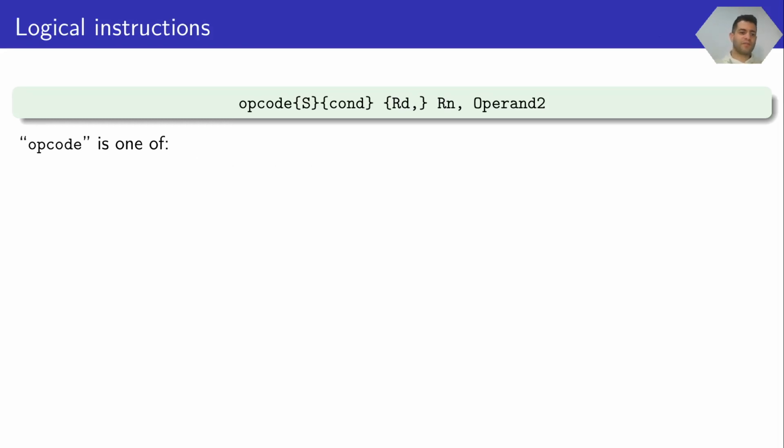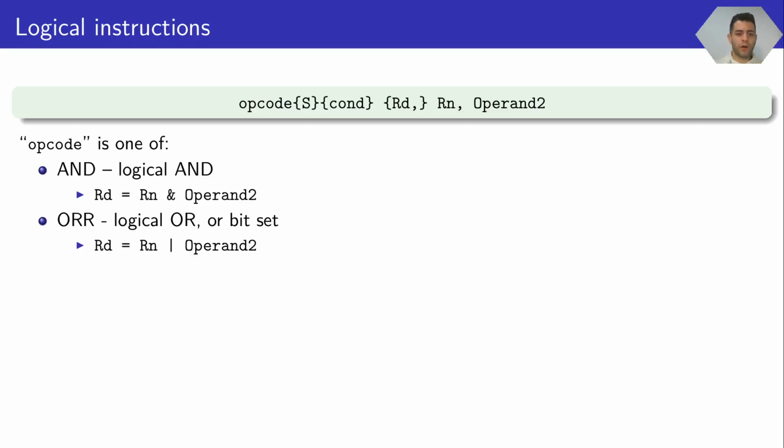Then we have the obvious logical instructions: the logical AND, and the logical OR, bit set. What does it mean? If you think about it for a moment, also with pen and paper, all the bits that you set to 1 in operand 2 are also going to be set in Rd. We will see another instruction in a few seconds.